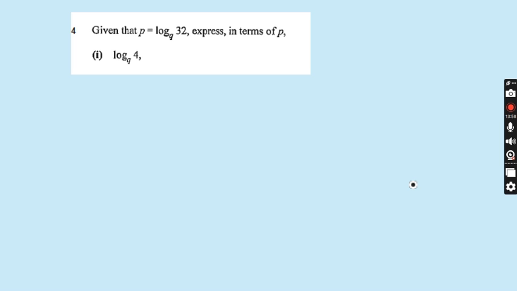Given that p is equal to log base q of 32. Part 1. Find log base q of 4. So very easy.